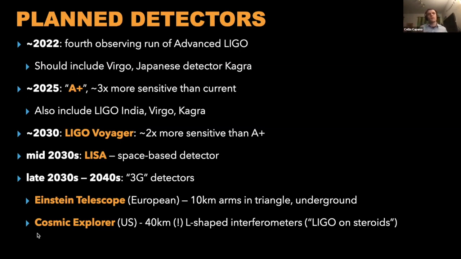In Europe, there's a plan to build the Einstein Telescope, which will have 10-kilometer arms. In the United States, there are plans in the works to build Cosmic Explorer, which will have 40-kilometer long arms, 10 times the length of the current LIGO detectors. With these, we'll really be able to do great physics and learn new things at all different length scales.